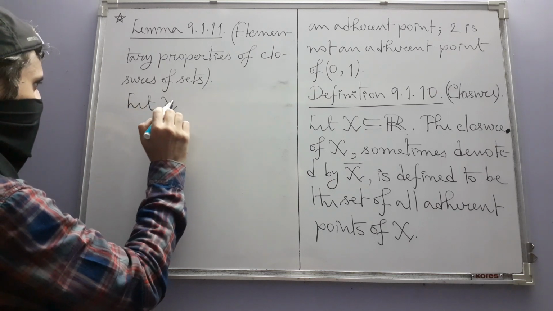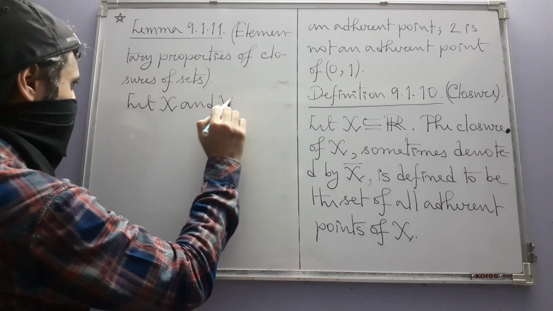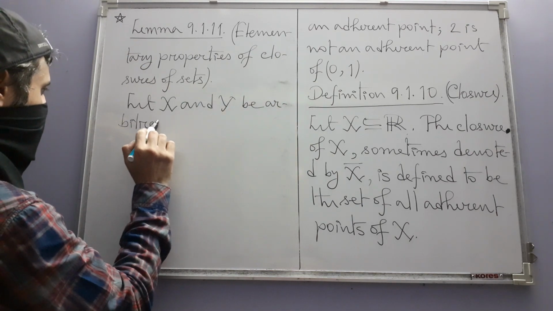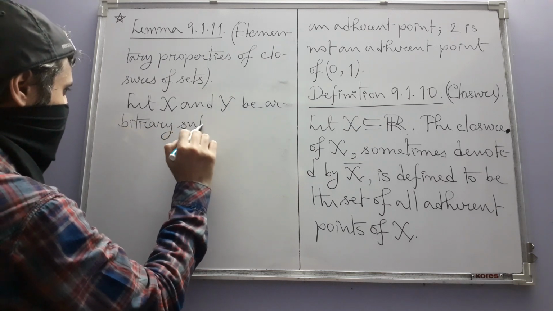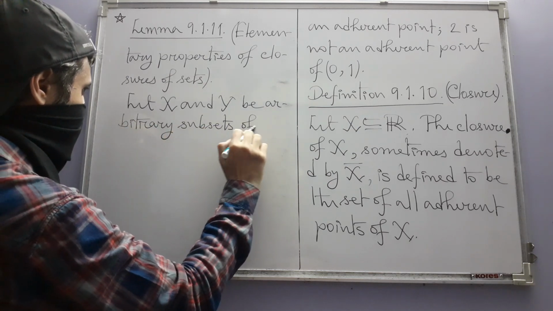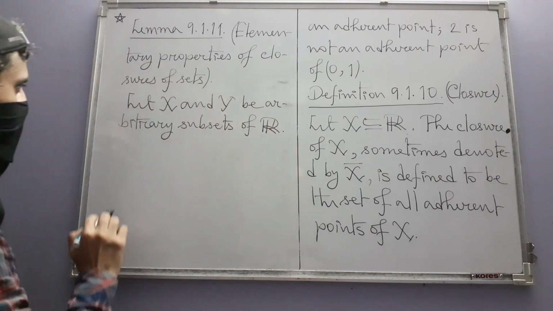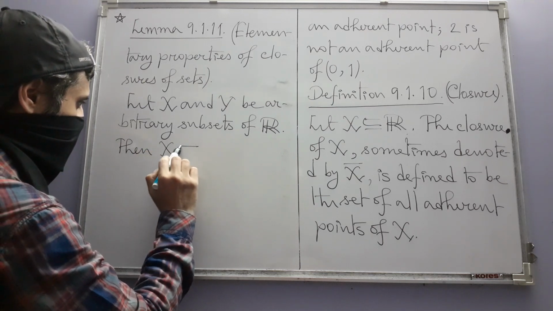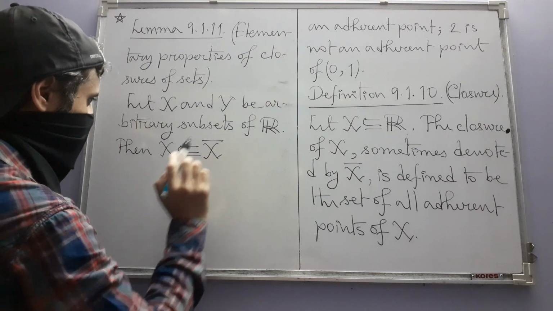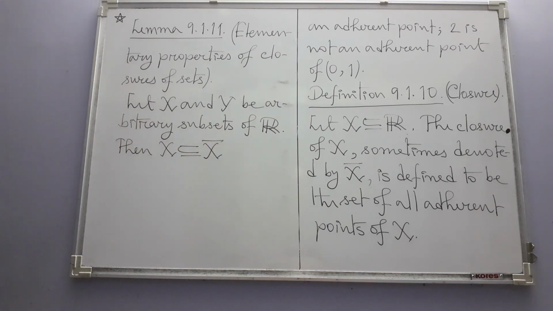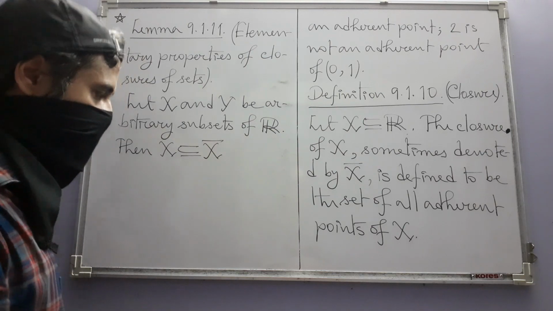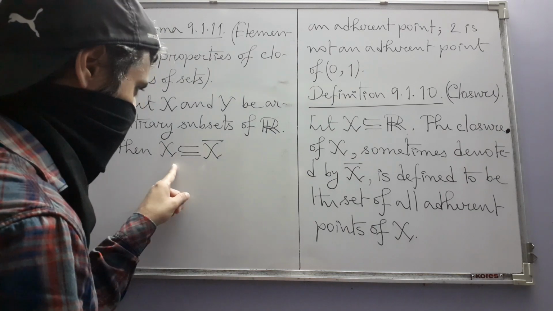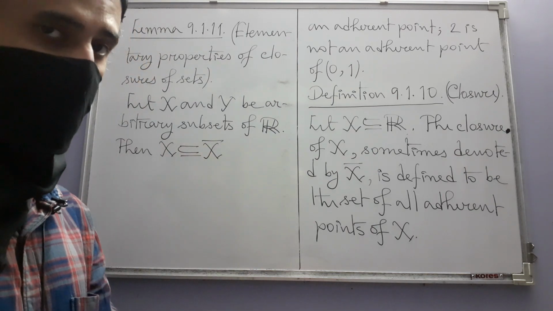Let X and Y be arbitrary subsets of the set of real numbers. Then the first property is that X is a subset of the closure of X, which states our observation formally that every point of a set is also its adherent point, and hence it belongs to the closure.